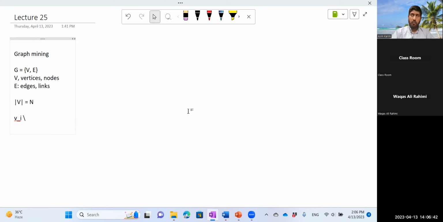So vi would be a vertex or node in the set of possible vertices in the graph. I can simplify this by simply using the index i, or the single character i, to denote one node in V. So i and j are essentially nodes in the graph, where i is equal to 1 to n.